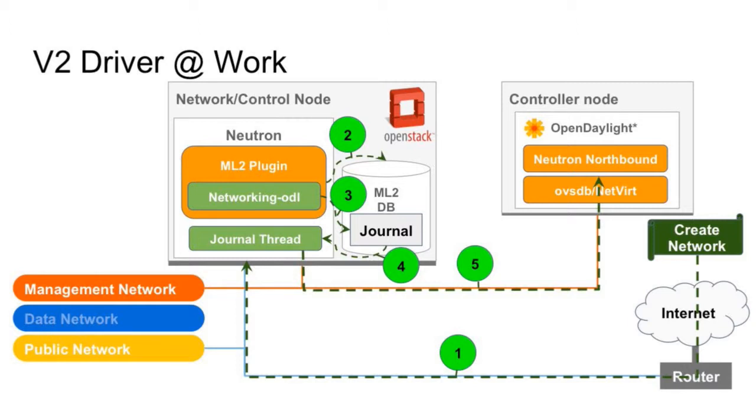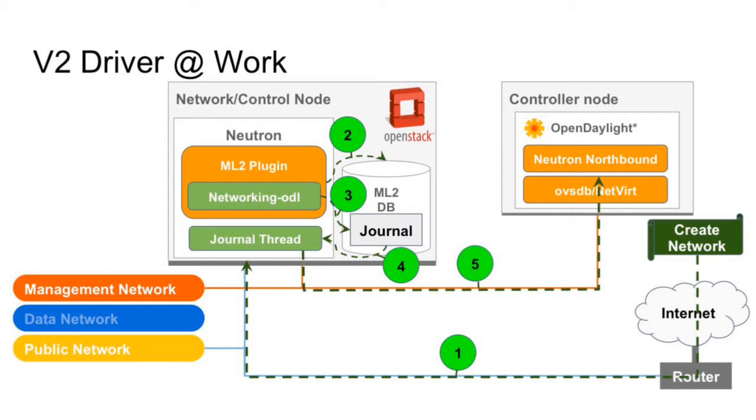And after the DB transaction is committed, the journal thread is kicked. And then the journal thread scans the journal DB, picks the oldest entry, and then pushes its request down to OpenDaylight.